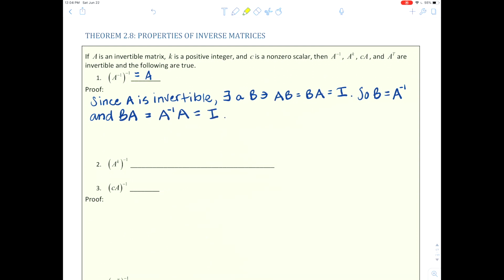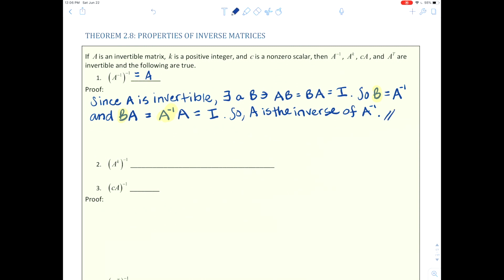And for B, I plugged in A inverse from this statement here. So A is the inverse of A inverse. Cool?